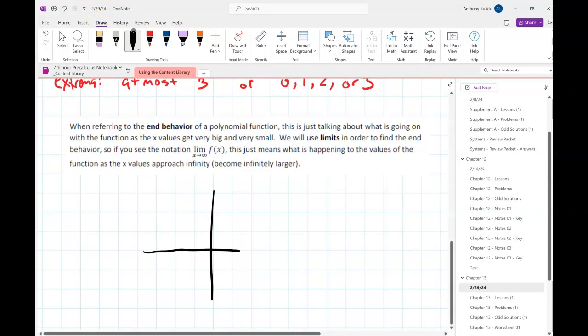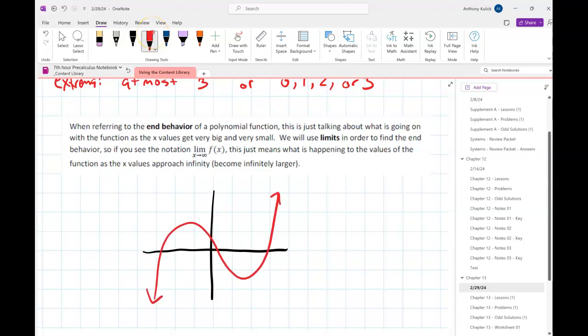So, for example, say we have something that looks like this. If I look at this, this is the left end of the graph, and I see that it points down, right?